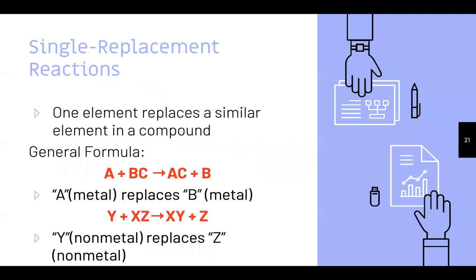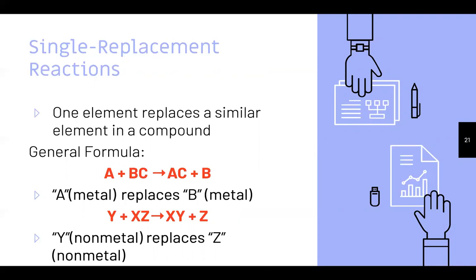Now we can look at the single replacement reactions, where one element replaces a similar element in a compound. Now this general formula is a little more complex, because we now have A plus BC yields AC plus B. All that is happening here is the A and the B switch spots.